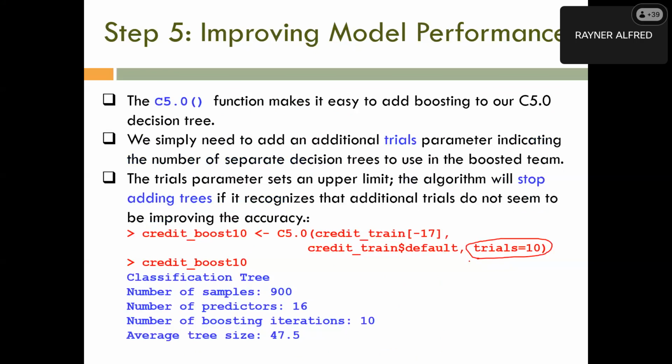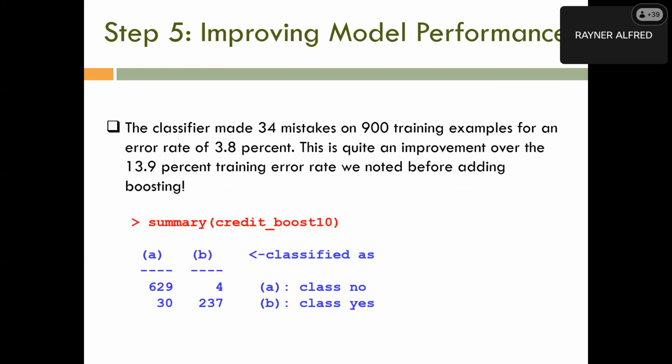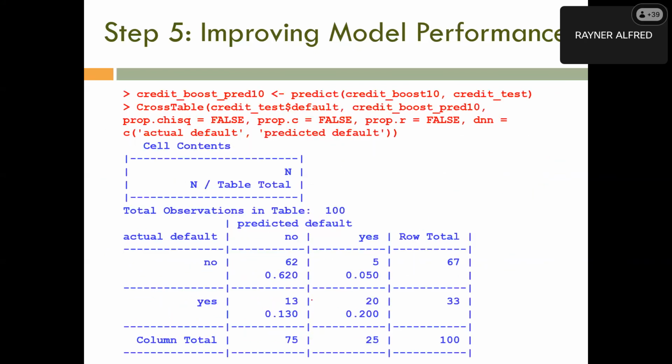Okay, so if we plot the table again, this is what we get. So now this is our error. Since we have 100% data, the error is 18 per 100. So your accuracy will be 82%.